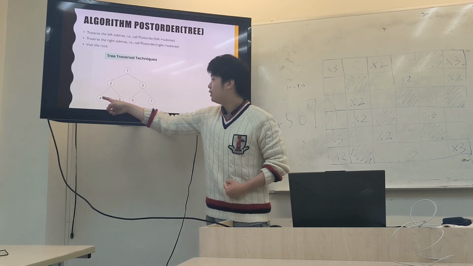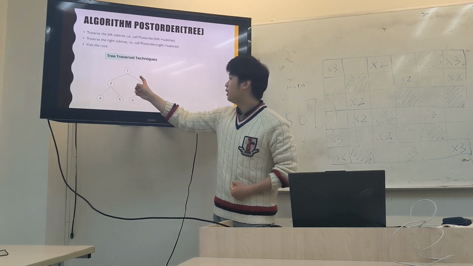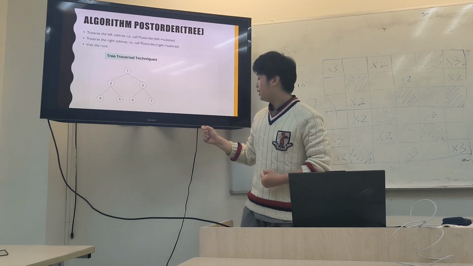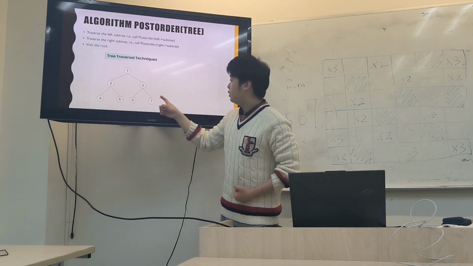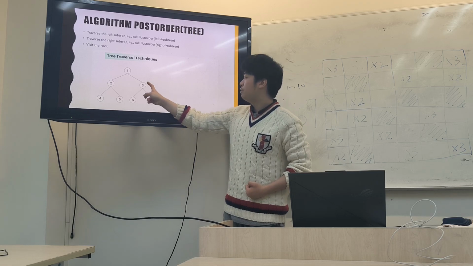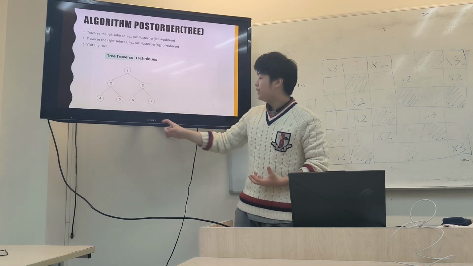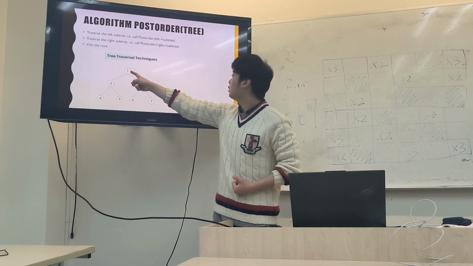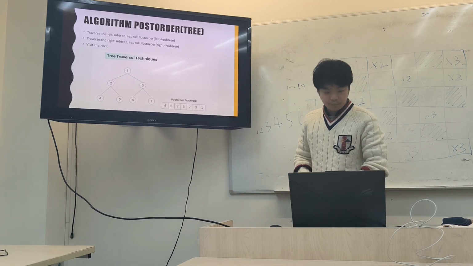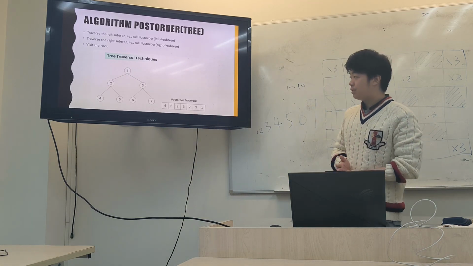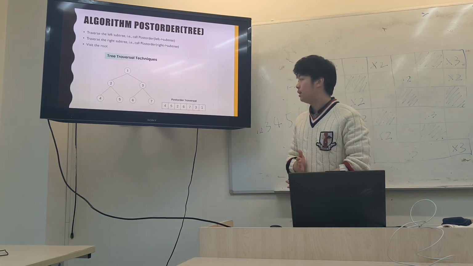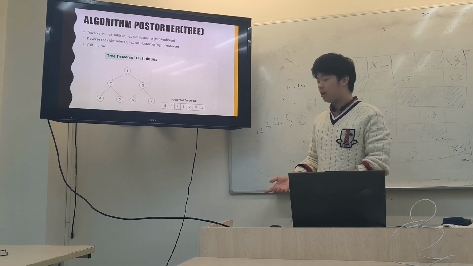Then you finish this subtree and you get to another subtree, the right subtree of this whole tree. Inside this tree you also get 6, 7, and then 3. After visiting these 2 subtrees, you get back to the root of the whole tree, which is 1. So in the post-order traversal, you will get 4, 5, 2, and then 6, 7, 3, and last 1.